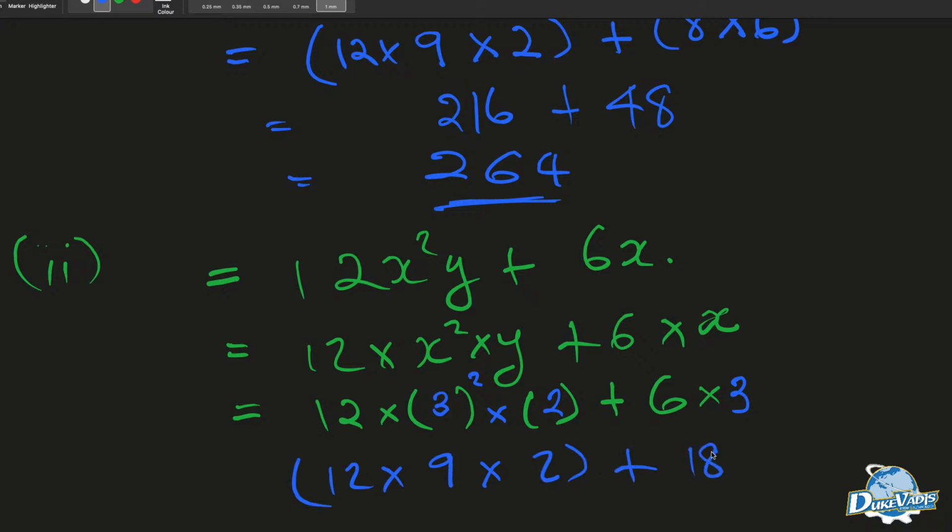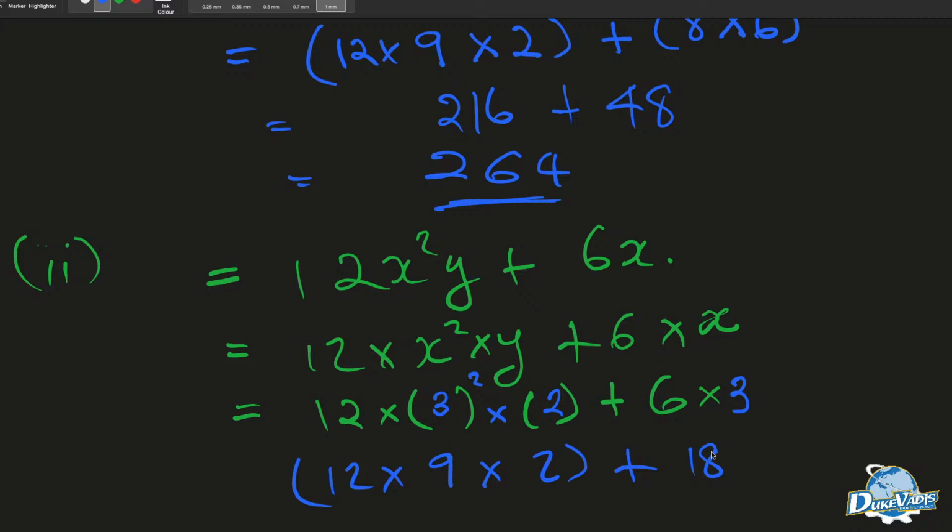Okay, so now we're going to multiply 12 times 9 times 2. You can do the calculation for us to check it together. Mine is 12 multiplying 9 and multiplying 2.